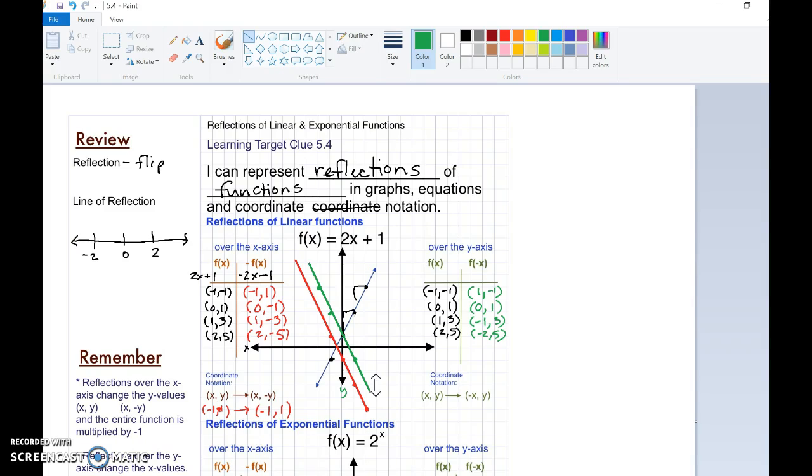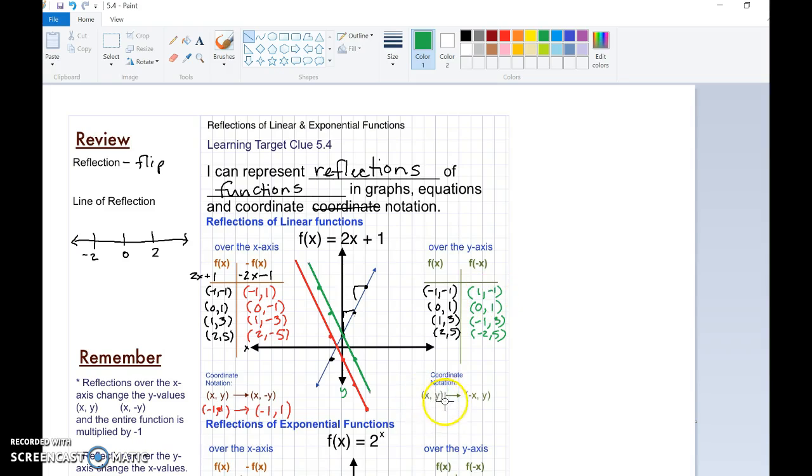Now, let's talk a little bit about our coordinate notation. What did we notice happened? So we had our x and our y, and when we reflected it over the y-axis, notice what happened. Our x value became the opposite of the previous one, but our y values stayed the same.